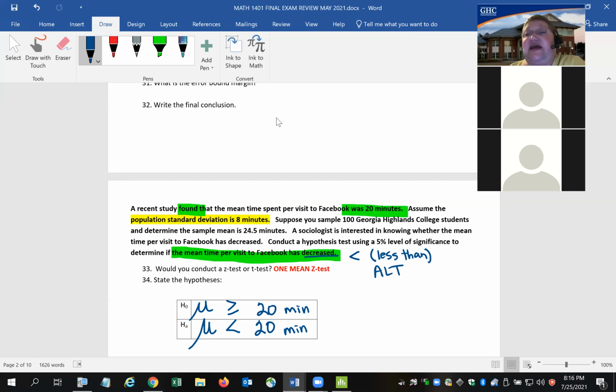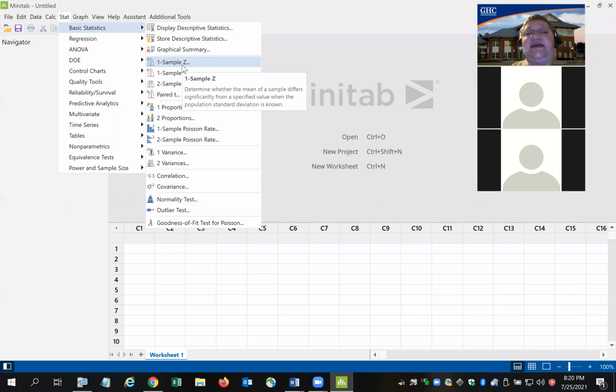Okay, so I'm in Minitab. In Minitab, we go to Stat, Basic Statistics, 1 Sample Z.